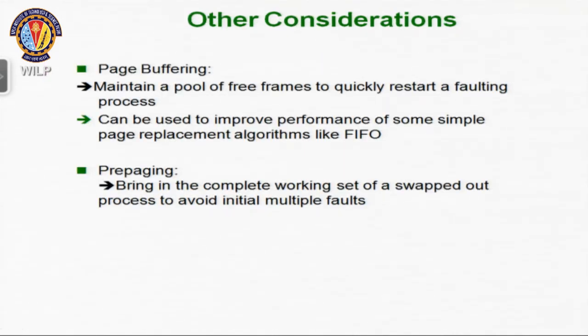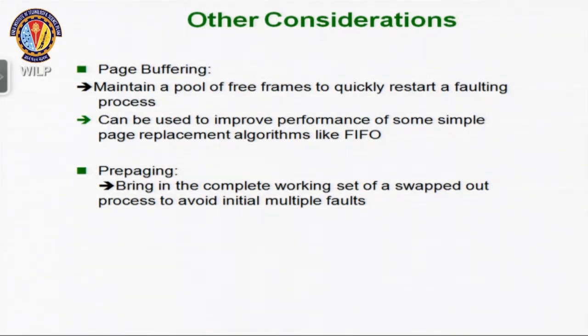And there are several other considerations. It is not that just by looking at the page fault frequency one can do it. There are other considerations which are taken into account. There is a concept called page buffering. In this case, we maintain a pool of free frames to quickly restart a faulting process.